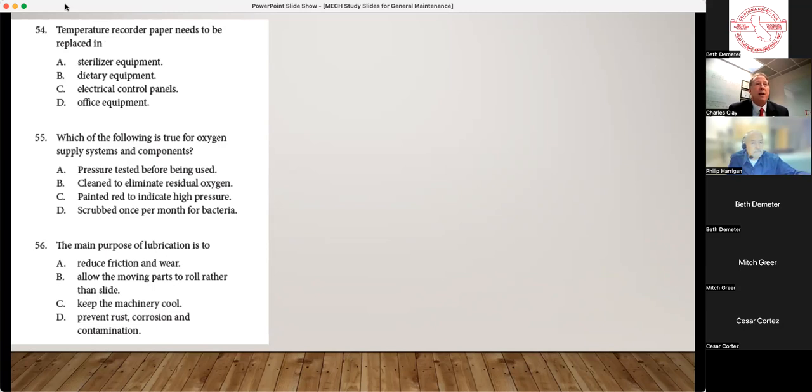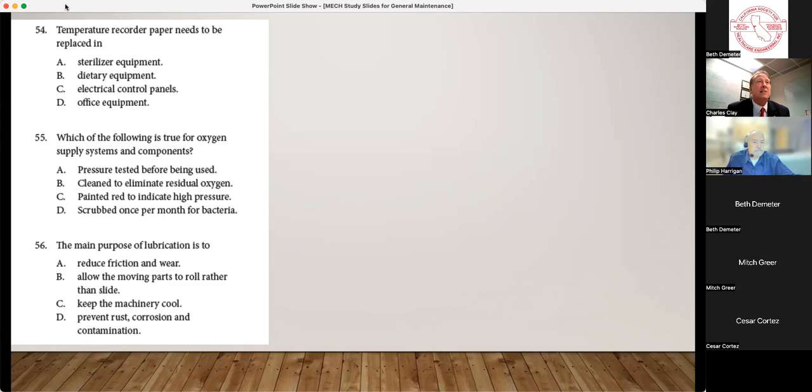Paint red to indicate high pressure? Scrub once per month for bacteria? The main purpose of lubrication is to reduce friction and wear, allow the moving parts to roll rather than slide, keep the machinery cool, and prevent rust, corrosion and contamination.